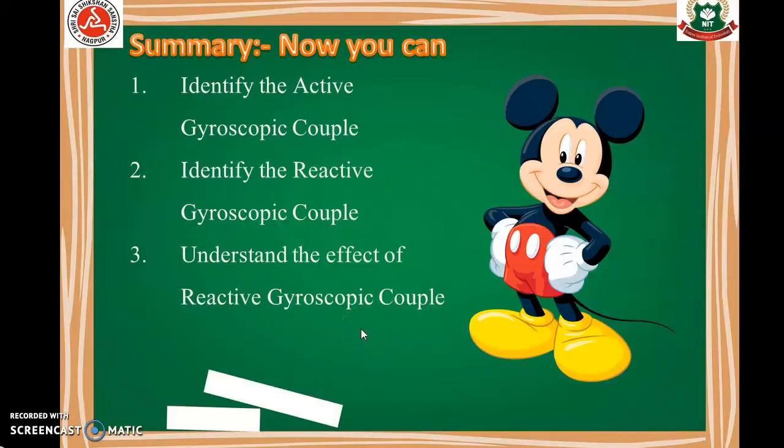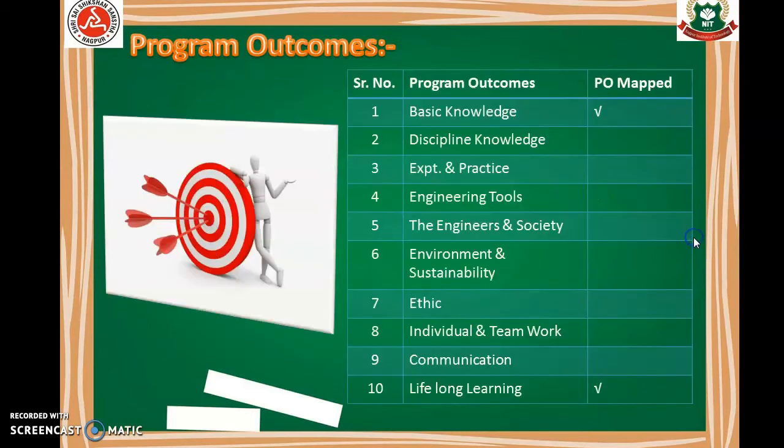Let us see the summary of today's lecture. Today we have studied the active gyroscopic couple and reactive gyroscopic couple. We have also understood the effect of reactive gyroscopic couple on a naval ship.